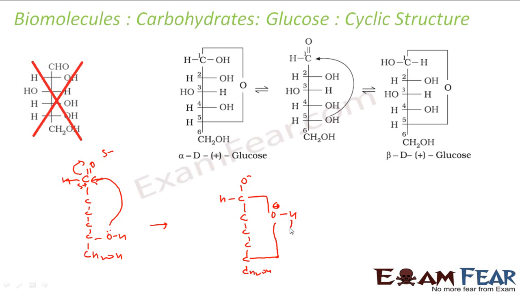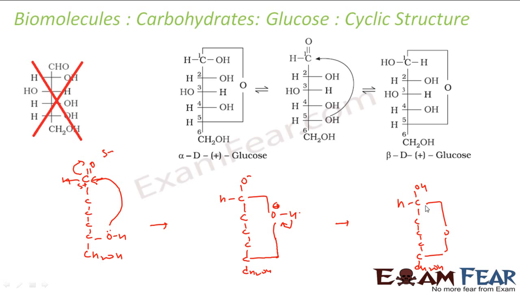Slightly positive on this oxygen, it will want to get rid of it. This hydrogen will say, okay, I'll go, and this will get attached to this carbon, this oxygen O minus. So what you get here is OH, 1, 2, 3 carbon, C, this is O here, and CH2OH.